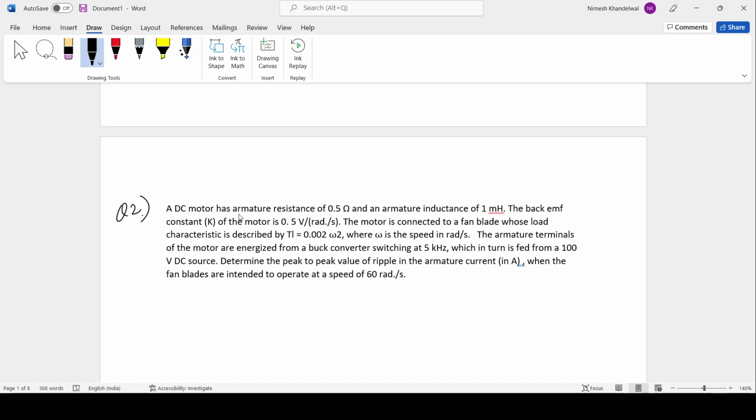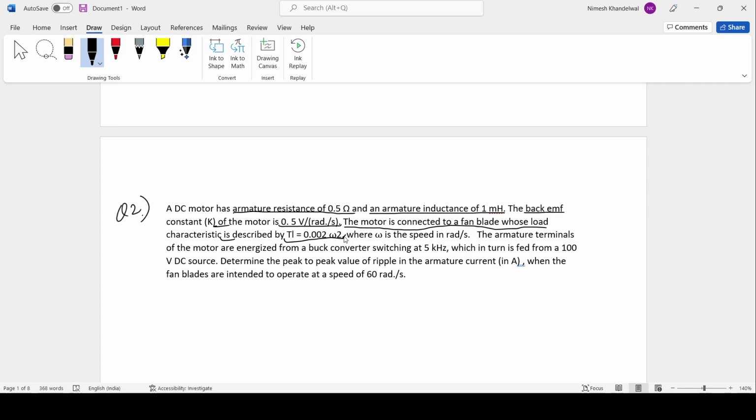A DC motor has an armature resistance of 0.5 ohms and an armature inductance of 1 millihenry. The back EMF constant of the motor is 0.5 volts per radian per second. The motor is connected to a fan blade whose load characteristic is given to us, that is the load characteristic for the motor and fan assembly.